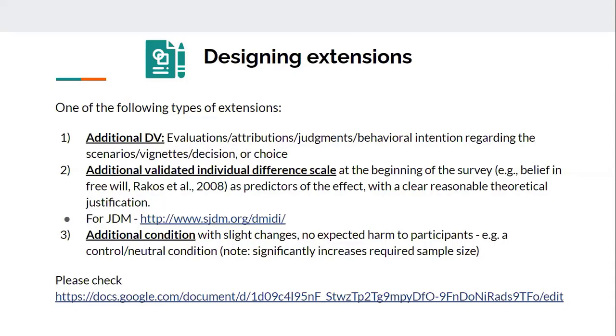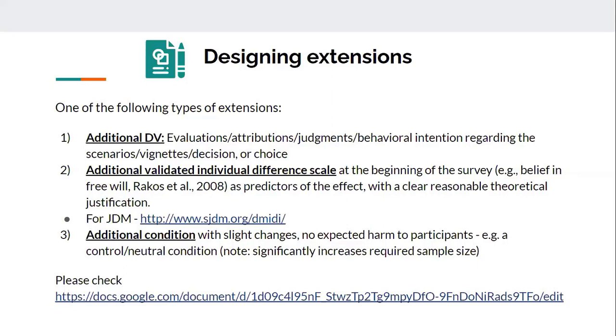So please provide reasonable theoretical justifications by first explaining what the individual difference scale is, what it has predicted, what the previous findings of the scale are, and how it may be associated with the effect.